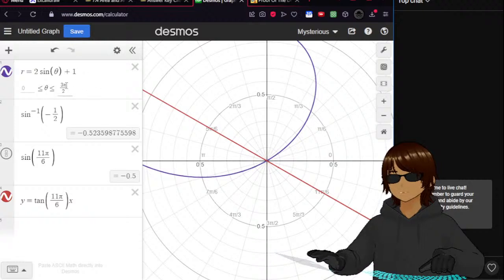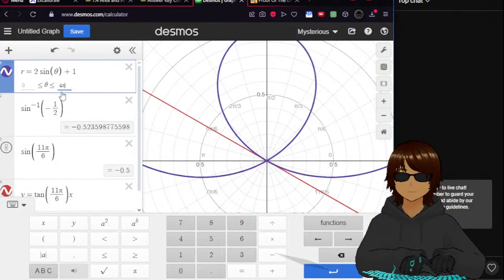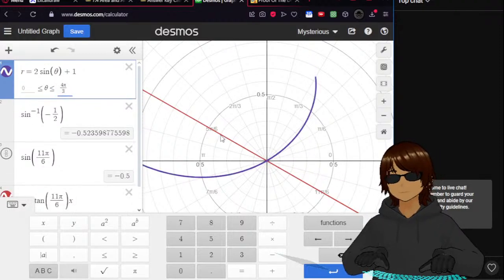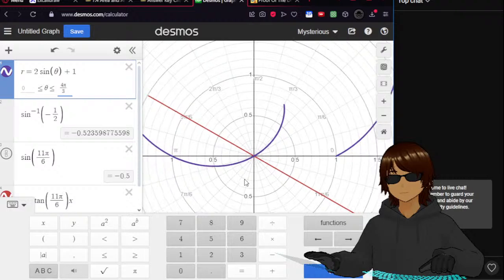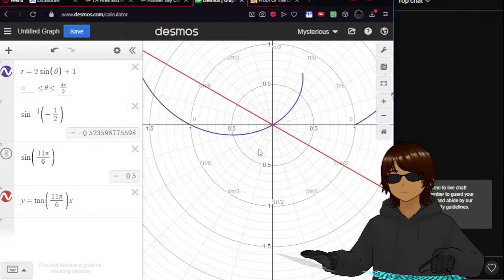4 pi over 3. It's going till here. 7 pi over 6.